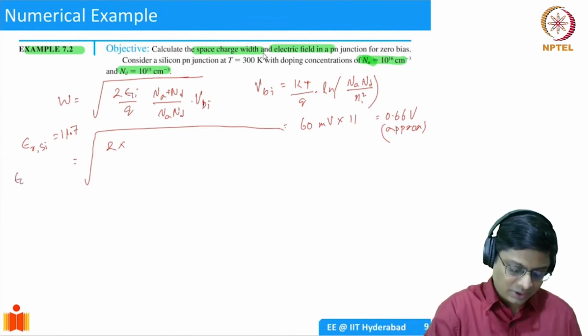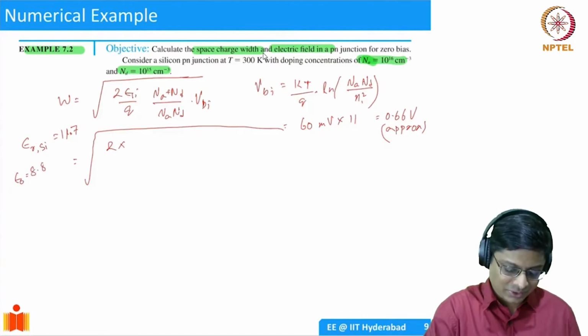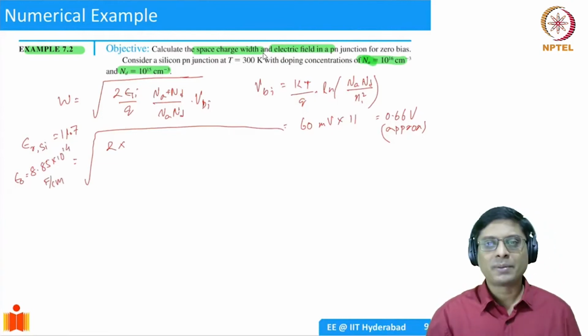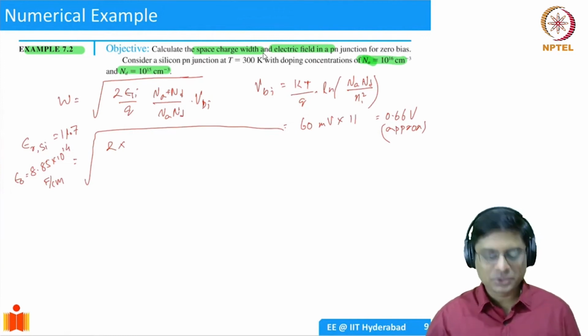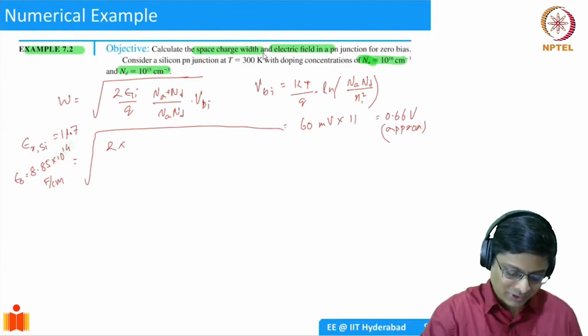And for epsilon naught, in semiconductor physics the tradition is to use 10 power minus 14 farad per centimeter. Remember, we are using carrier concentrations per centimeter cubed, so even epsilon naught we should use per centimeter. That's why in semiconductor physics most of the time you see this expression into 10 power minus 14.